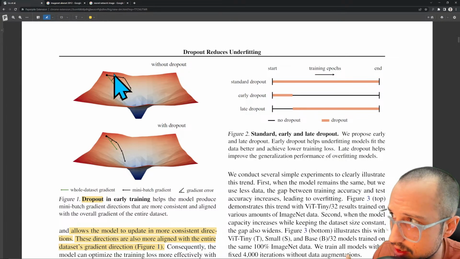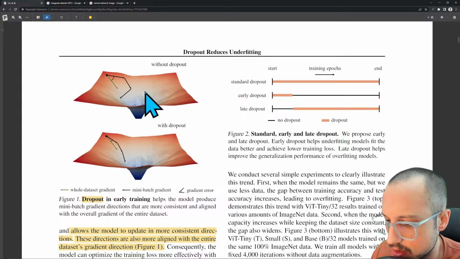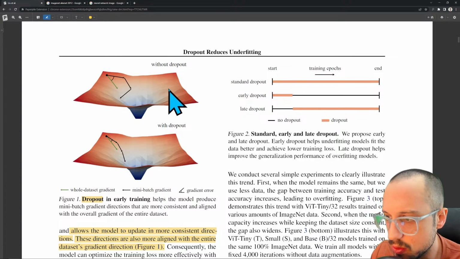And because the mini batches are random samples from the actual data distribution, each mini batch is not going to be perfectly representative of the full data set, right? If you had a GPU large enough that you could feed the entire data set at the same time, you could do that, but you can't. You can only feed little samples of the data set, little mini batches of the full data set.